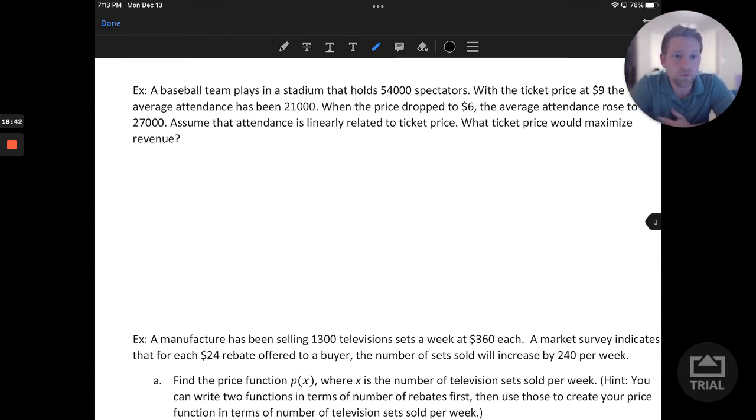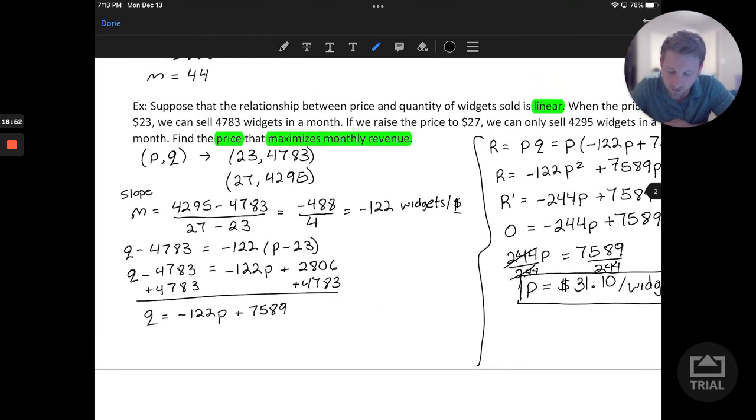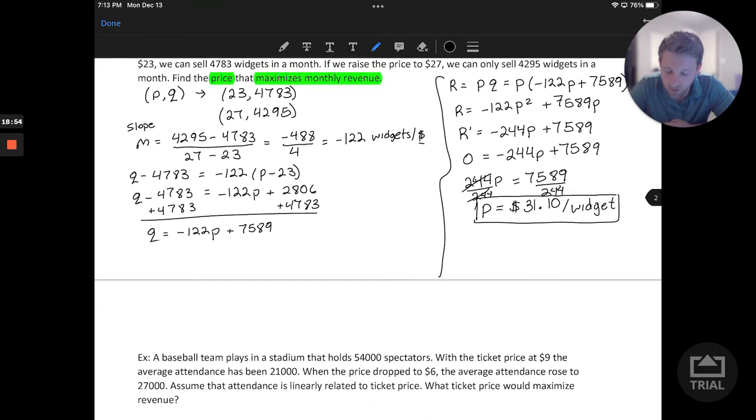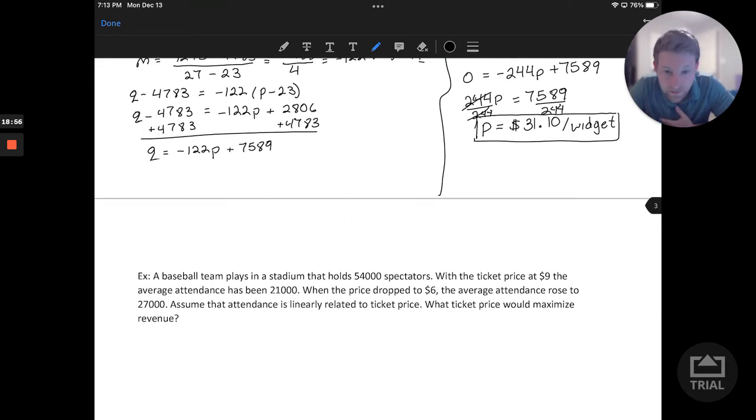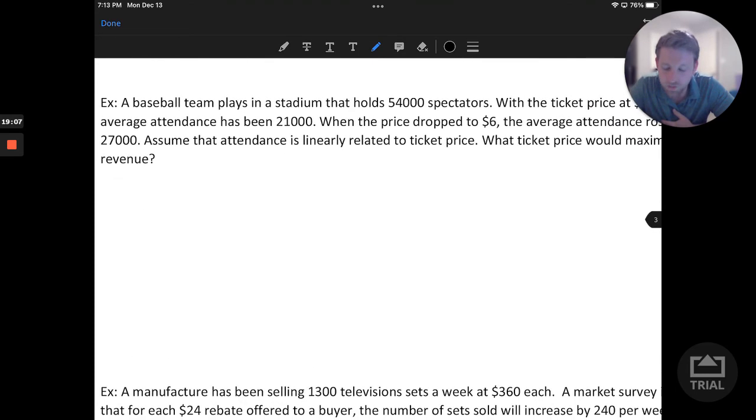Okay, so this has the basic flavor of the question that we applied in our last example. We have an item, in this case a ticket, that has some value that is changing, and the attendance is the output from that change in price.